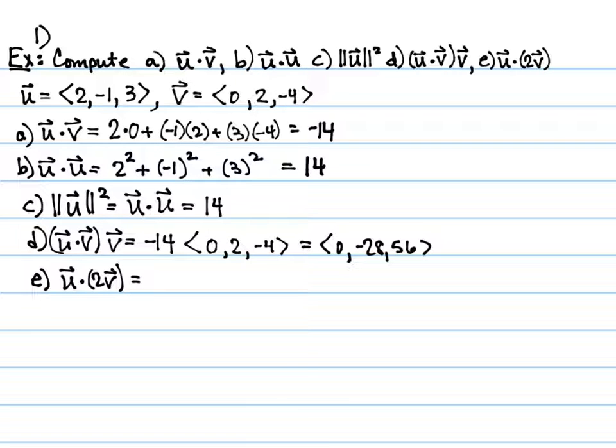And that's friendlier. Why? Right, because I already know what u dot v is. If I did it the other way, I'd have far more steps. They may not take very long, and they may not be that time consuming, but I'd still have further to go. So this is just 2 times negative 14, or negative 28.